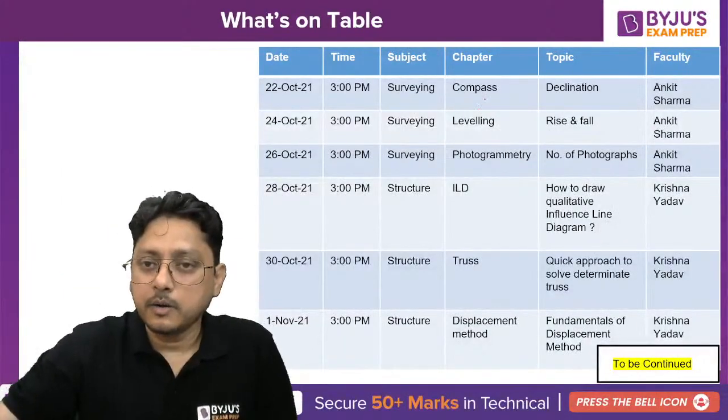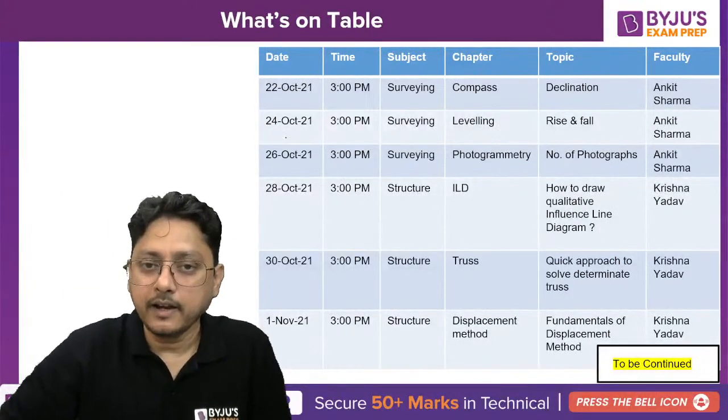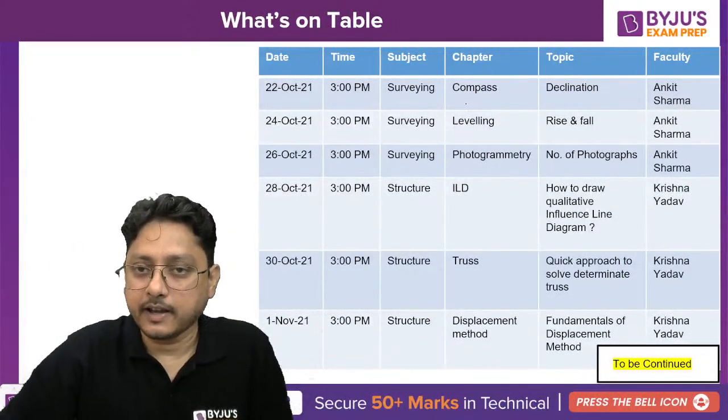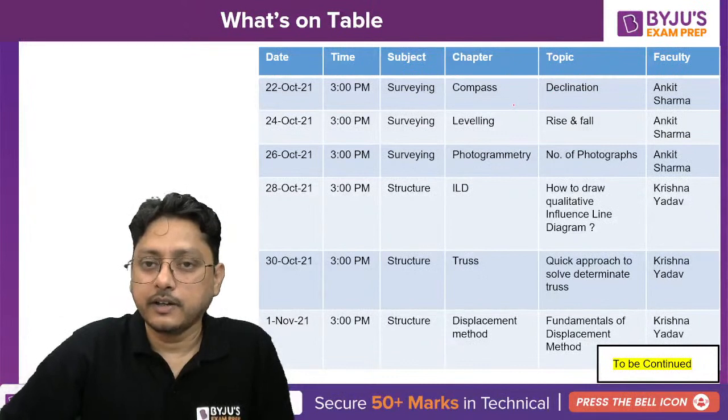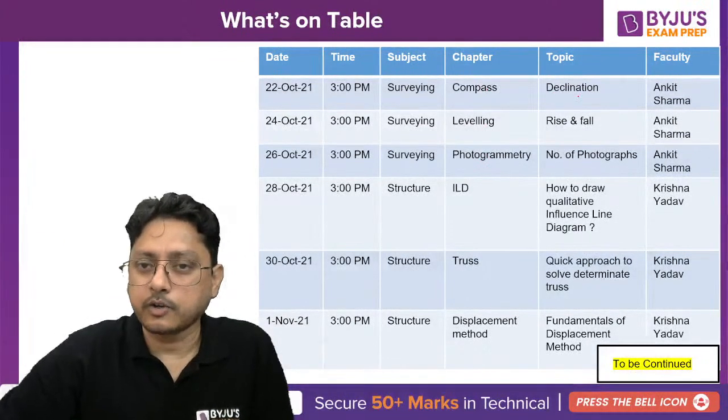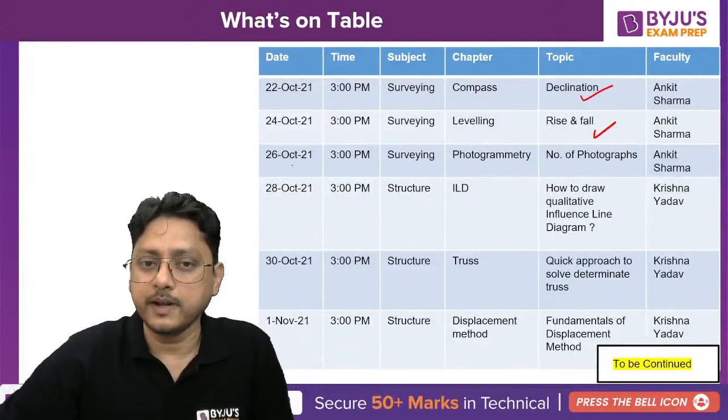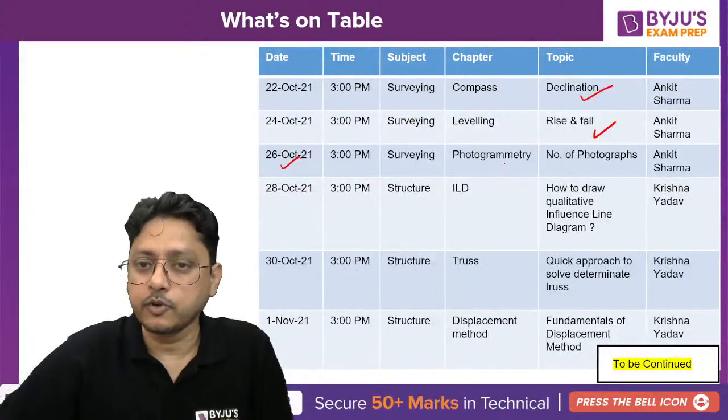There are classes to be held in continuation of this AIMERS series. Today I am taking the class for deflection, and from 22nd October it will be declination with Ankit sir, then rise and fall on 24th October, then on 26th October photogrammetry by Ankit sir.